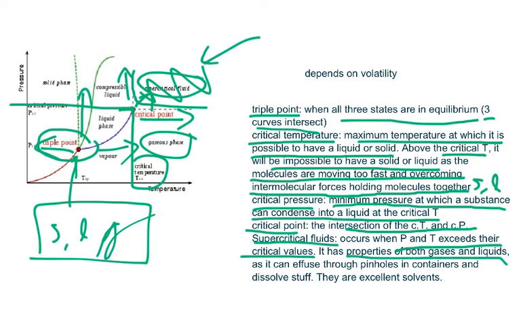So as a gas, it can effuse through pinholes in containers, and as a liquid, it can dissolve stuff. So a supercritical fluid can do both of these things because it behaves as both a gas and a liquid in a way. And because of this, they are excellent solvents, which means that they can dissolve a lot of things while acting like a gas, which is pretty cool.